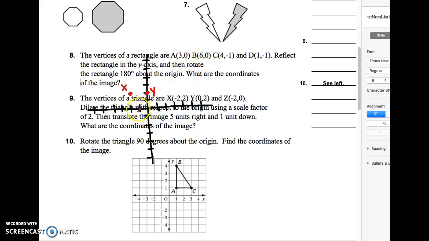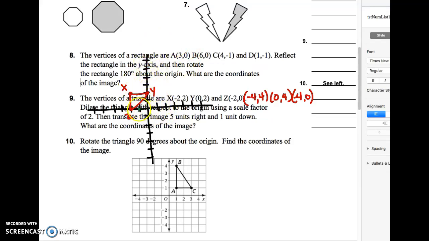And z is at negative 2, 0, so left 2 and up 0. Okay. Then I need to dilate with a scale factor of 2. So I'm going to multiply everything by 2. So I'll have negative 4, 4. I'll have 0, 4. And I'll have negative 4, 0. So I'm going to go ahead and plot those in green, actually.